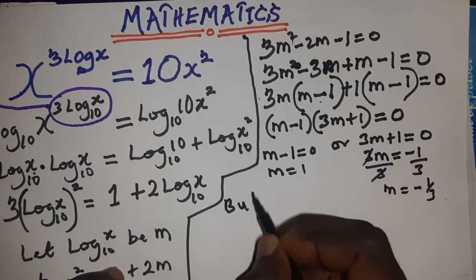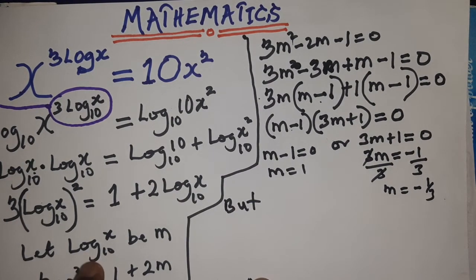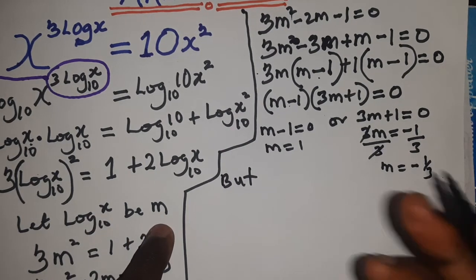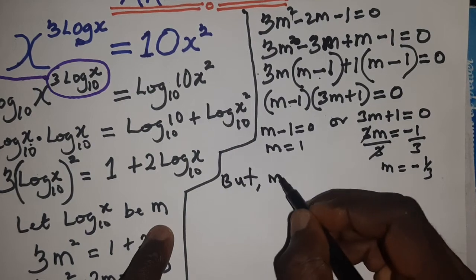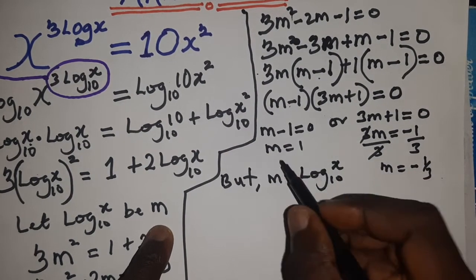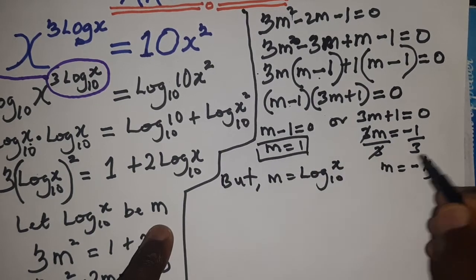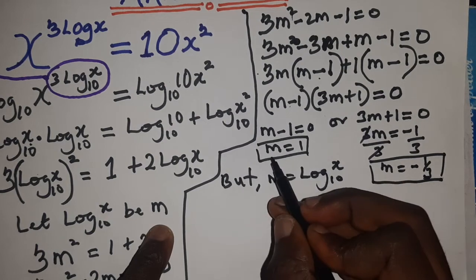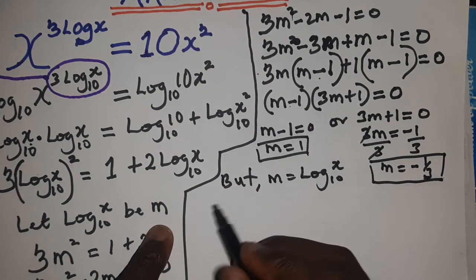But while solving on this part of the solving sheet, we made log x base 10 to be m. So I will bring that back. Say, but m equals log x base 10. So I'm bringing it back. So I'll solve for this, and then I'll solve for this. Yes, I'll fix the log x base 10 back as my value for m.